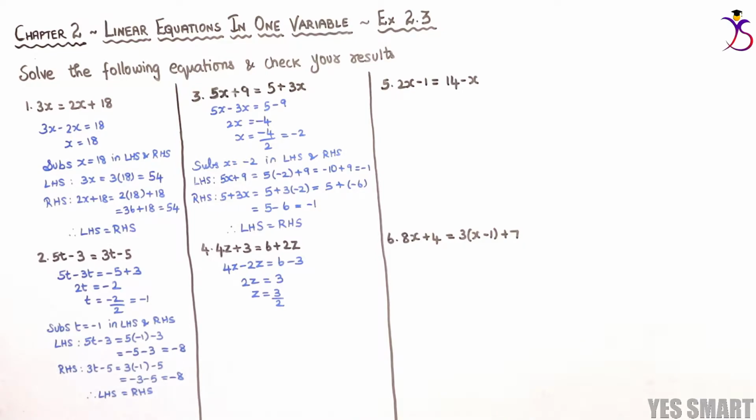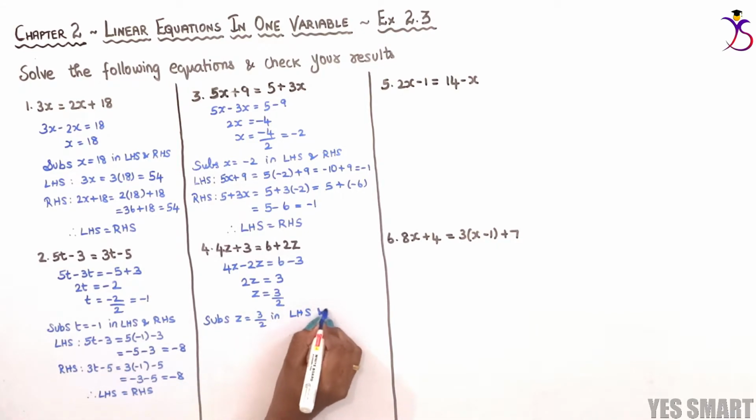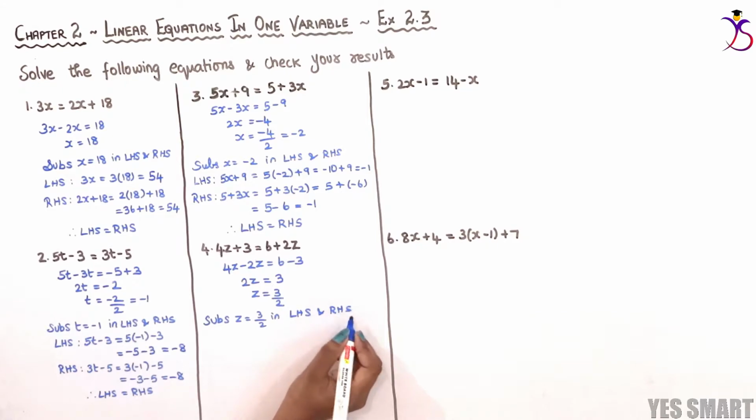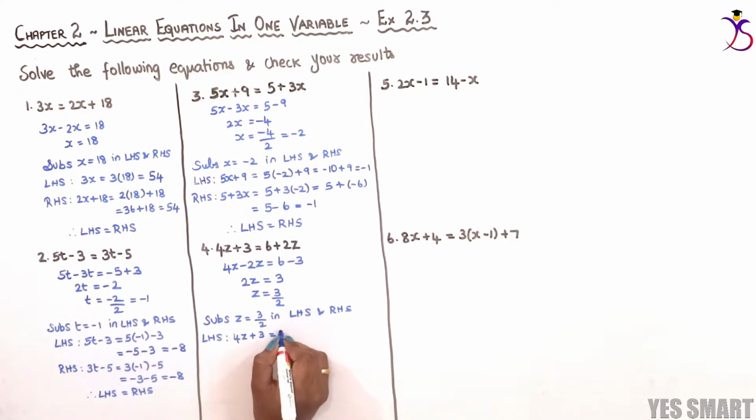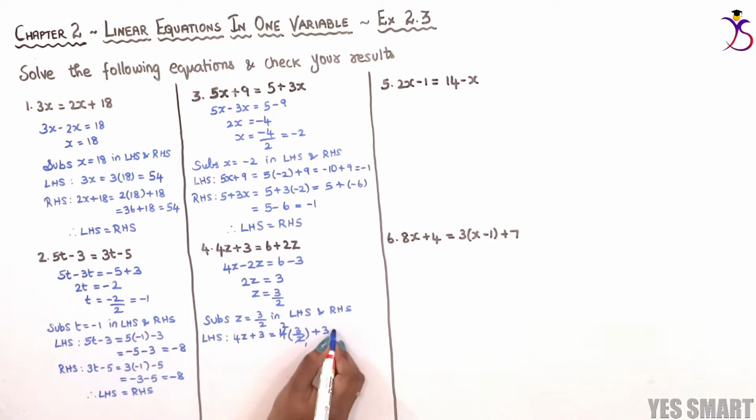Let's cross check the result. Substitute z equal to 3 by 2 in LHS and RHS. LHS 4z plus 3 equal to 4 into 3 by 2 plus 3. 2 ones are 2, 2 twos are 4, 2 threes are 6 plus 3.